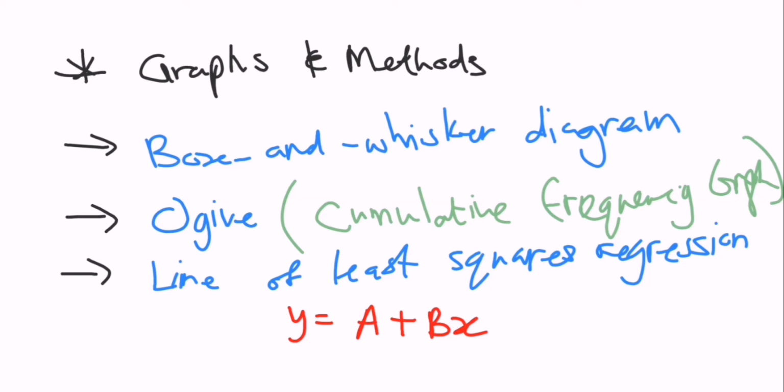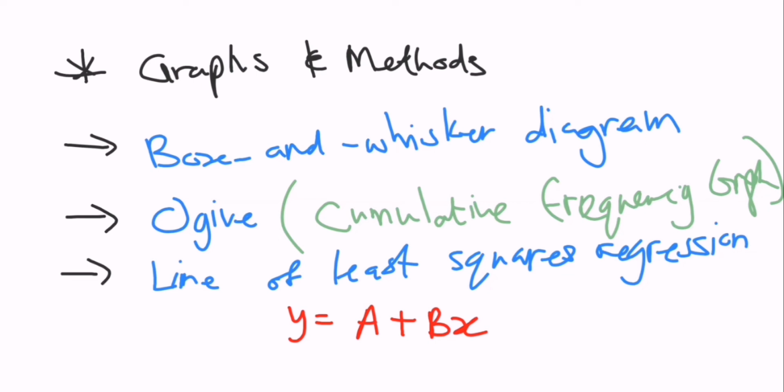And I think the reason why you were taught it in this way, bx plus a, is because they were trying to show that it's similar to the equation of a straight line, where b is the gradient and a is the y-intercept.